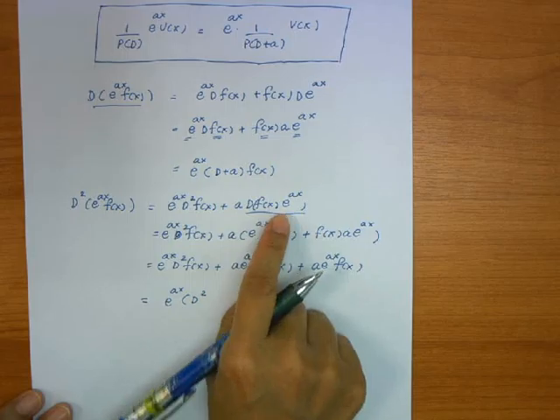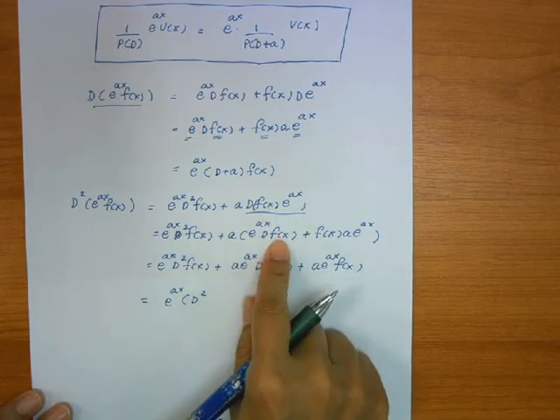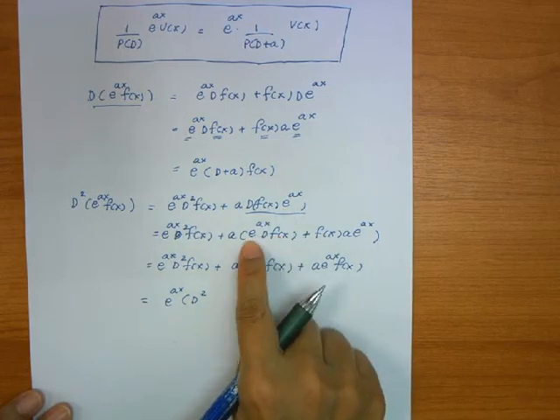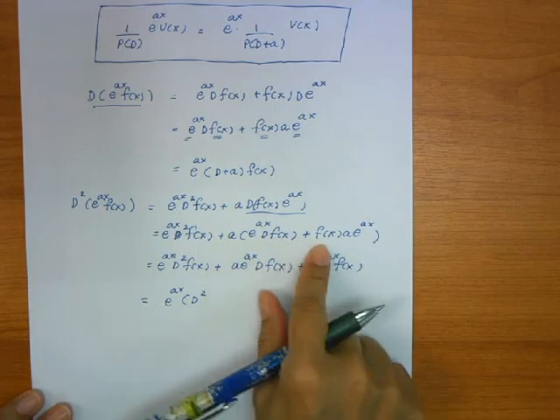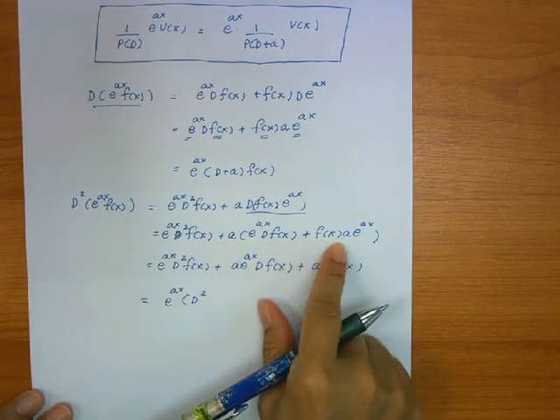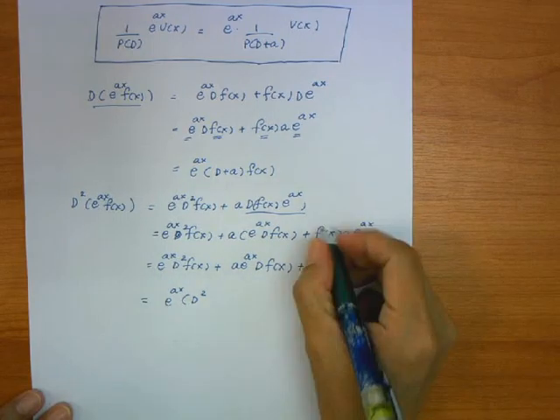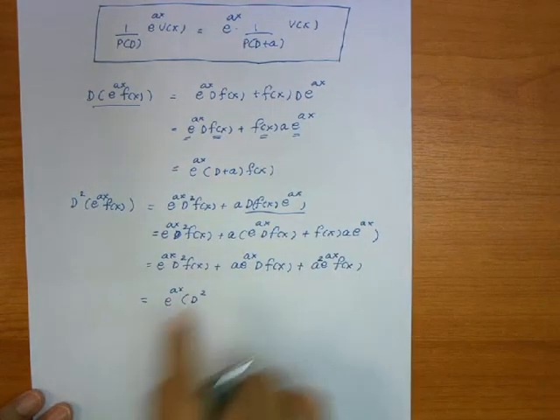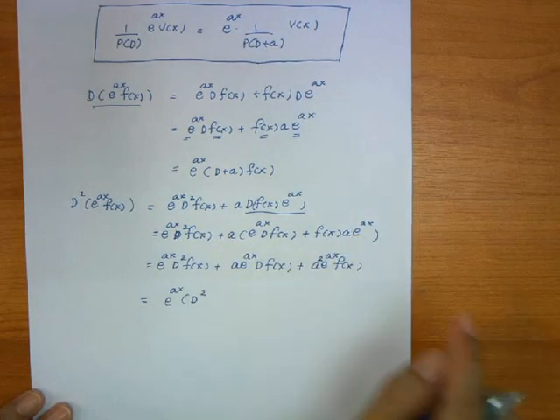So you differentiate this one, you would get this term and this term. Oh, here, the a squared, right? Because you put a back there, you would get a squared there.